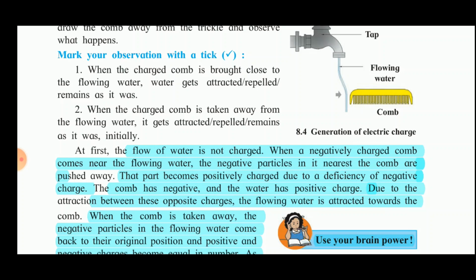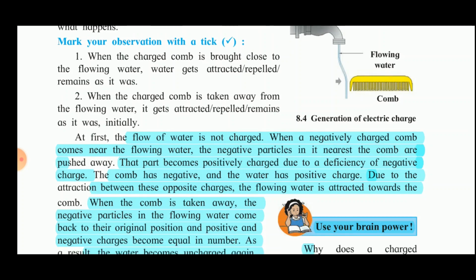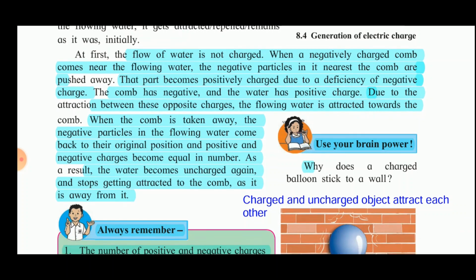Due to the attraction between these opposite charges, the flowing water is attracted towards the comb. When the comb is taken away, the negative particles in the flowing water come back to their original position and the positive and the negative charges become equal in number. As a result, the water becomes uncharged again and stops getting attracted to the comb as it is away from it.